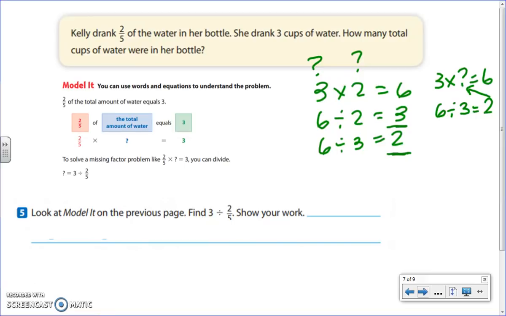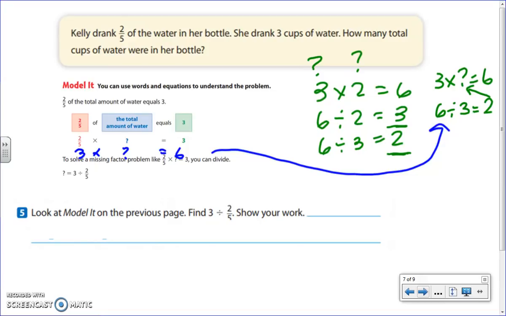So it says look at the model on the previous page and find what 3 divided by 2/5 actually is. So in this case, instead of being 3 times something equals 6, it is 2/5 times something equals 3. And so the same way we think about this, we think about the equation here with fractions.